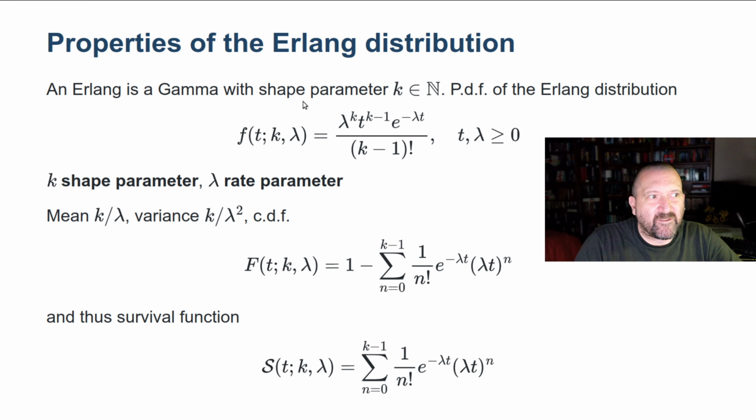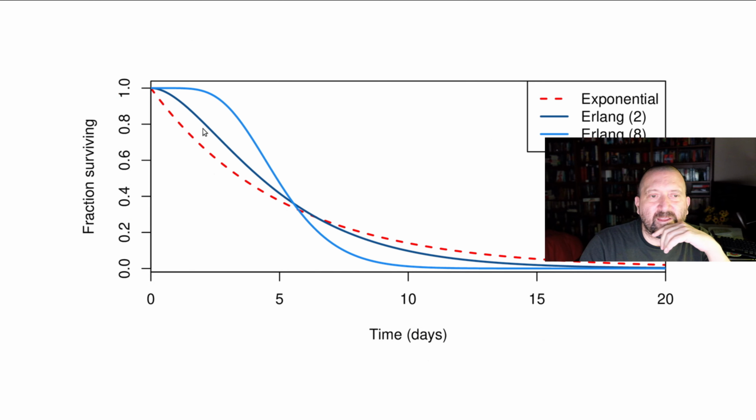Gamma distributions are very well known, and an Erlang is a particular case of a gamma in which the shape parameter is an integer. It has a mean of k over lambda and a variance of k over lambda squared. We know what the cumulative distribution function looks like, and we can also compute a survival function.